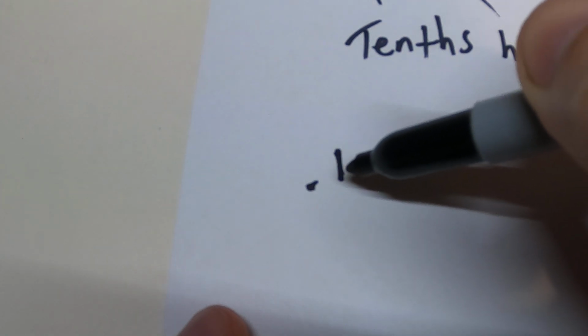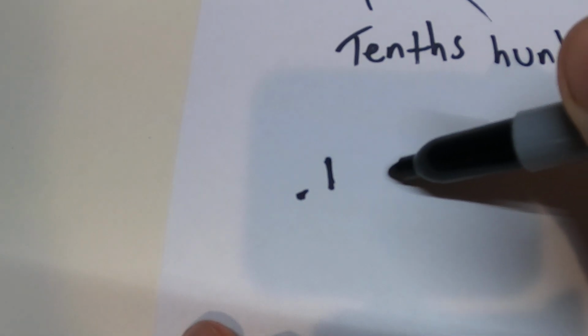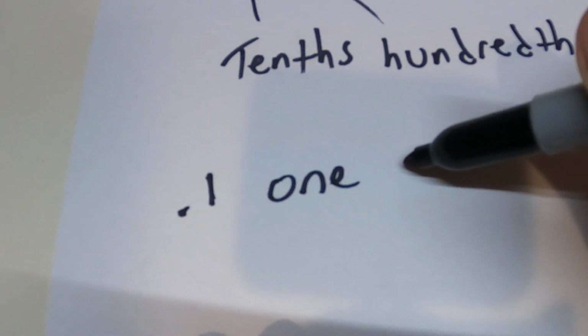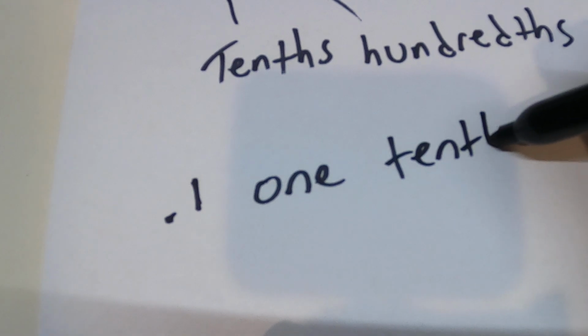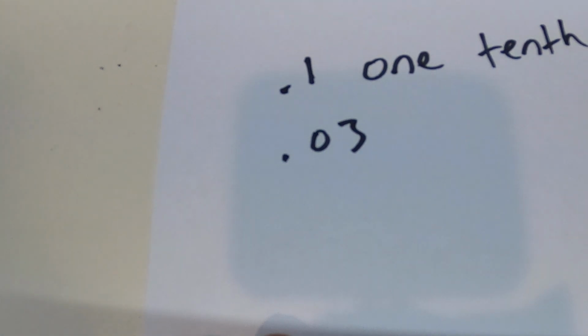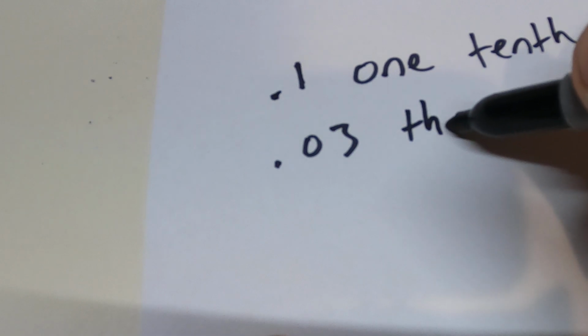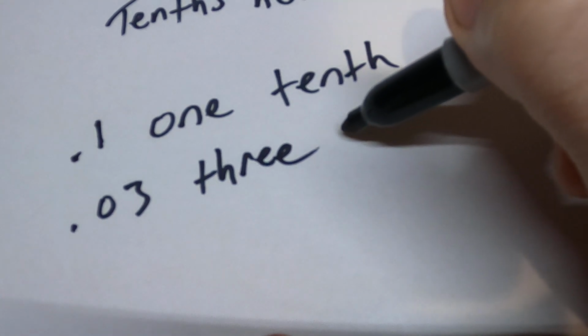So if I'm writing my fraction and I have 0.1, that is 1/10. And I would say that, I have 1/10. And if I had, let's go with 0.03, that would be, I have 3 hundredths.